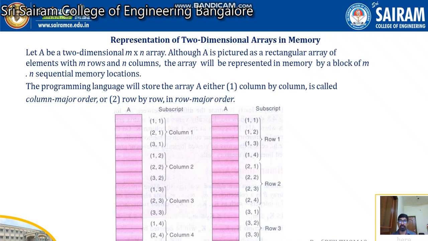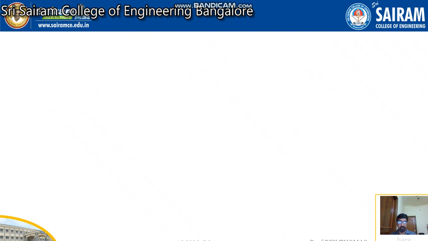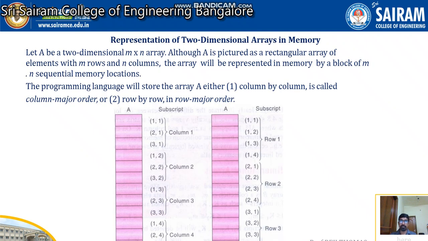So please understand that two-dimensional arrays get represented in memory in a sequential way, which can be either row major order or column major order. This is the way they get stored. So this is about two-dimensional array representations.